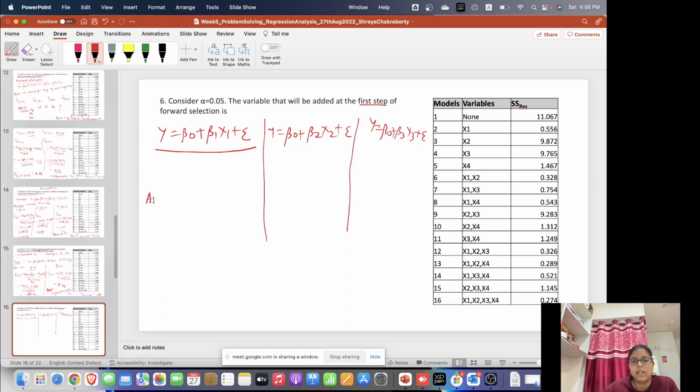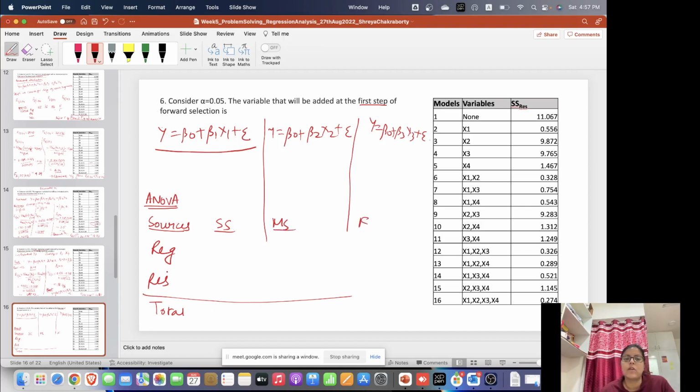So if we just consider the ANOVA table, then this is my total, this is sum of squares, this is mean square, and this would be my F statistic. The total sum of squares would be equal to this one when none of the variables are fit, there is no regressor in my model. Okay, and there will be 1 degree of freedom.